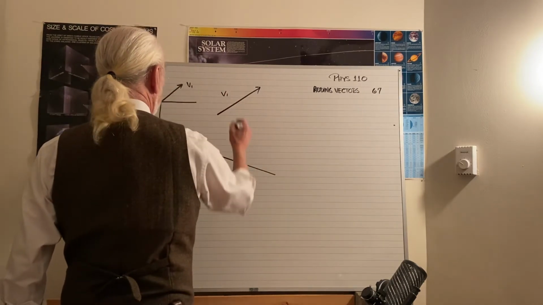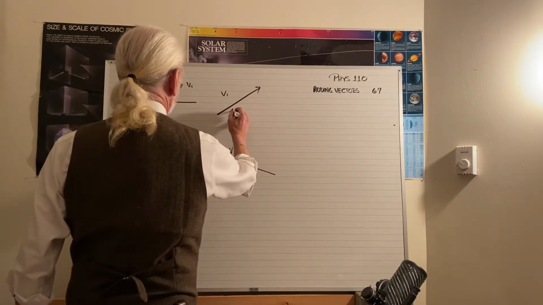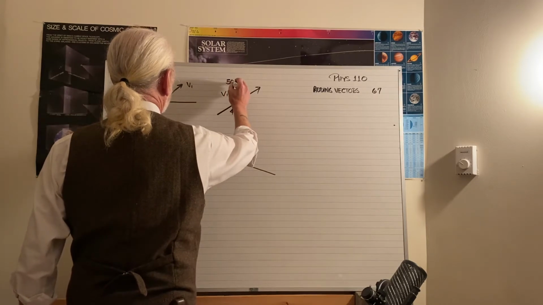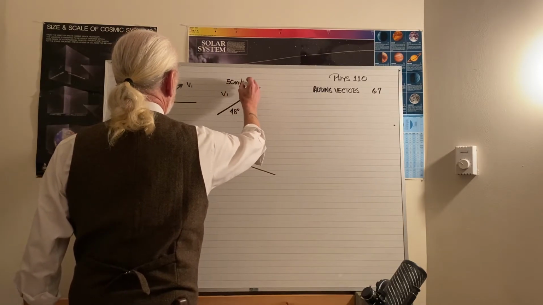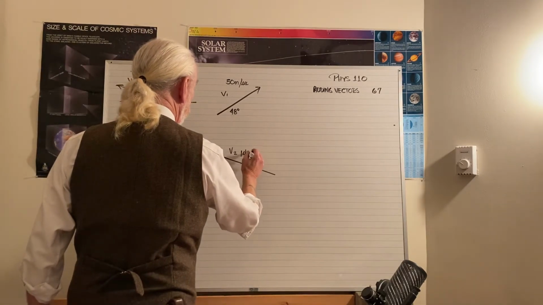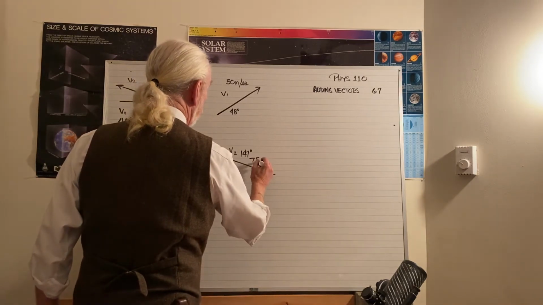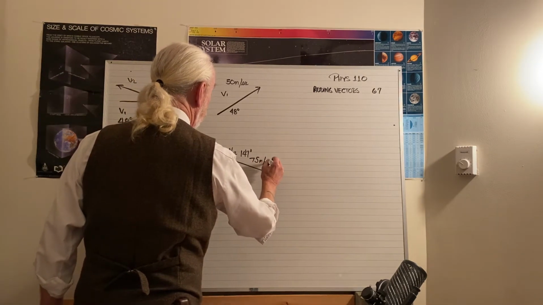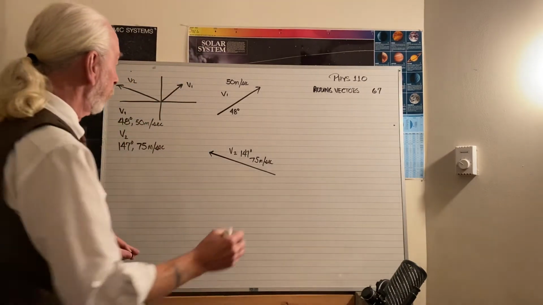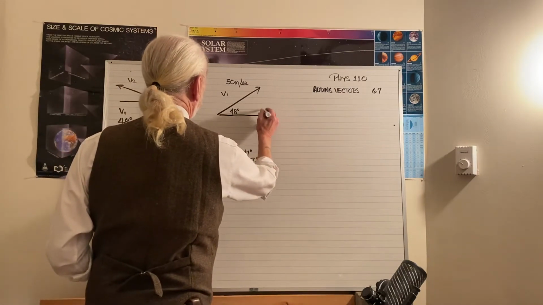Vector 1, vector 2, 48 degrees, 50 meters per second, and 147 degrees, 75 meters per second. All right. So now we can infer that they are the resultants of component vectors that go like so.